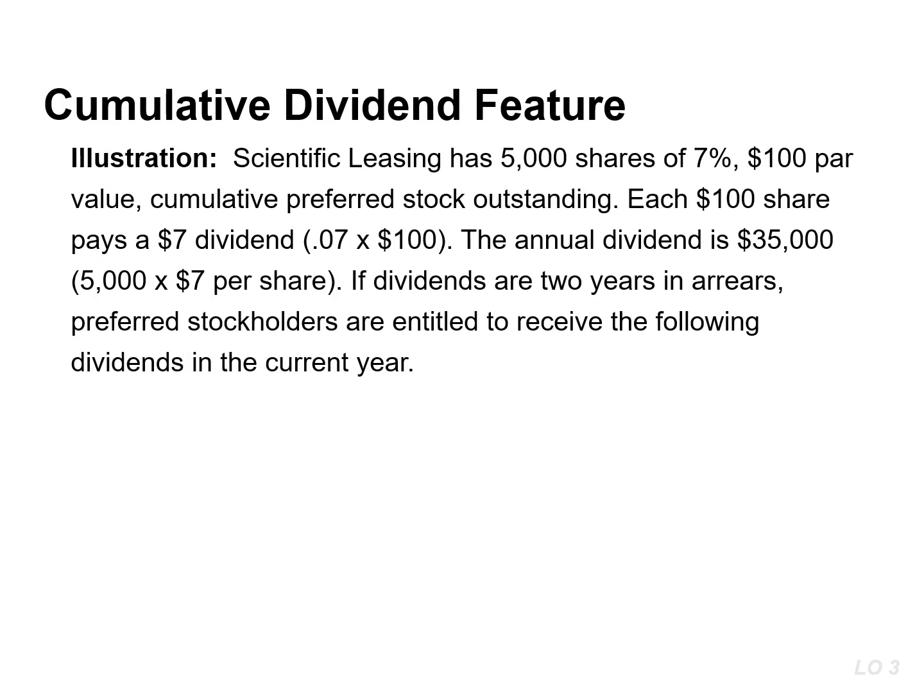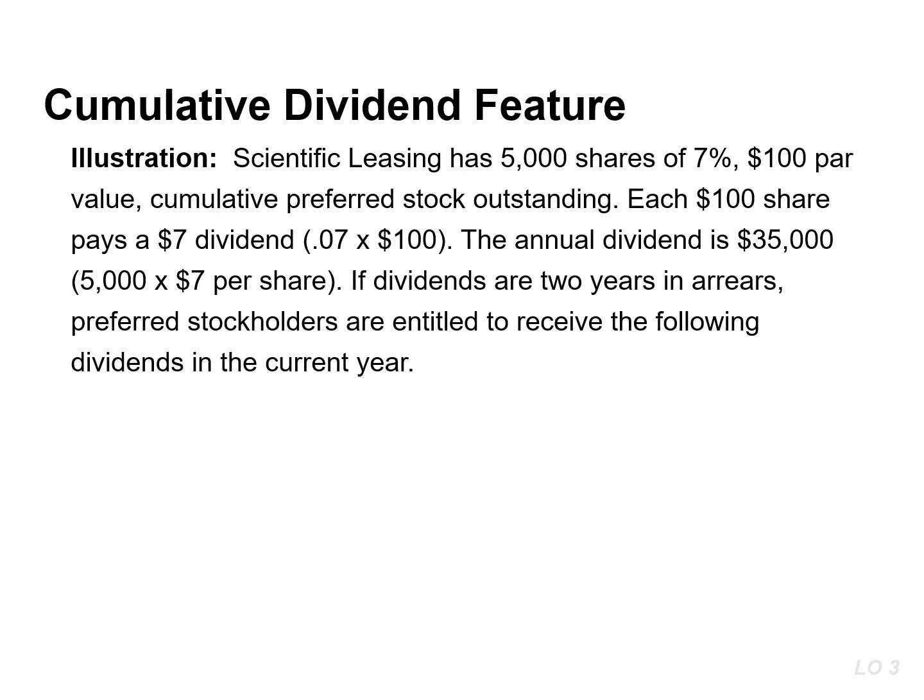To illustrate the cumulative dividend, let's assume that this company has 5,000 shares of 7% $100 par value cumulative preferred stock outstanding. Each $100 share pays a $7 dividend, which is calculated by taking the dividend rate of 7% and multiplying that by par value.